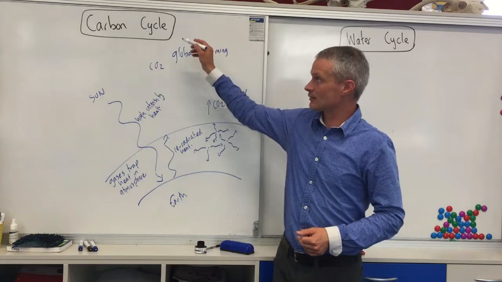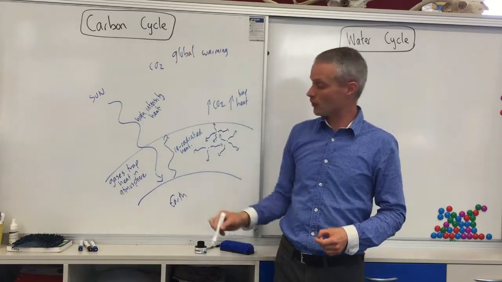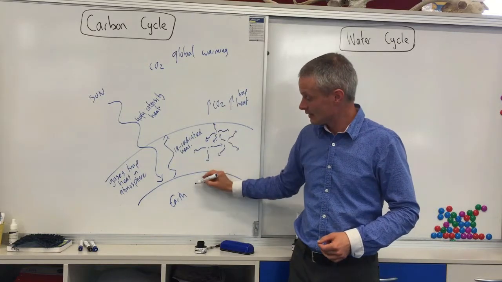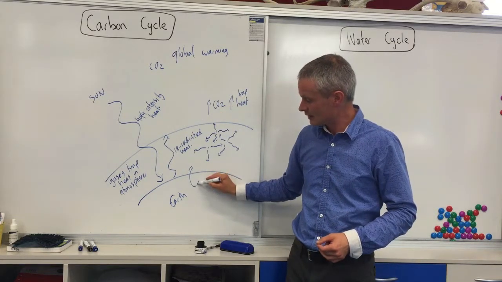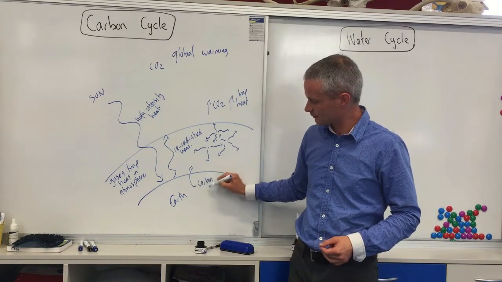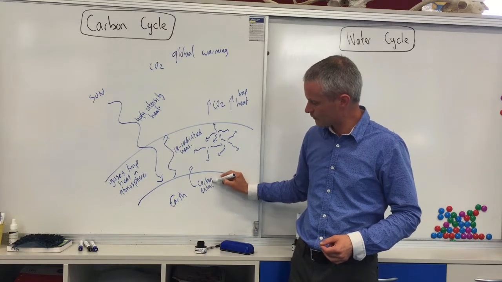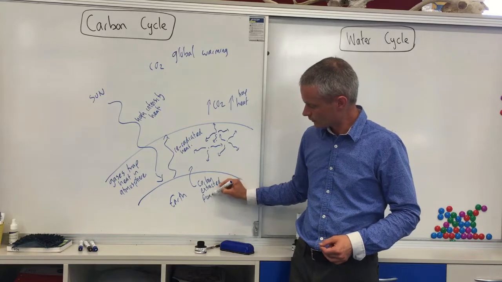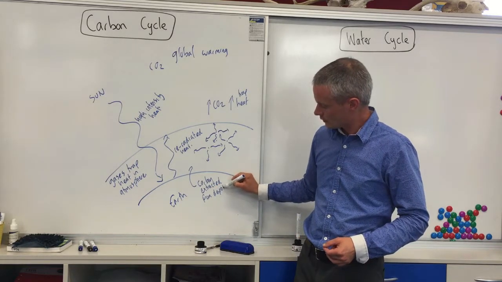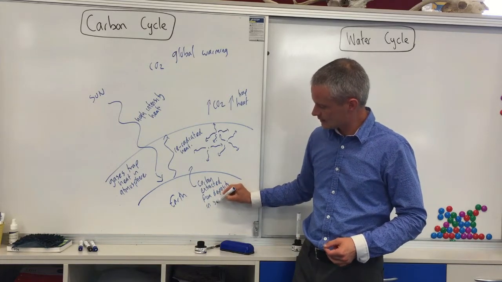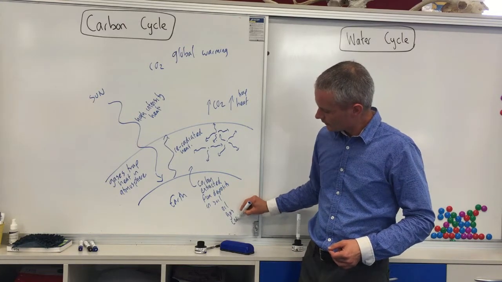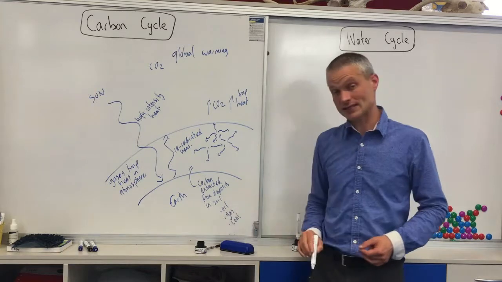And that ties in with the carbon cycle. What causes the increase in carbon dioxide in the atmosphere is carbon being extracted from deposits in the soil, and those are deposits such as oil, gas and coal, and they were once living things.